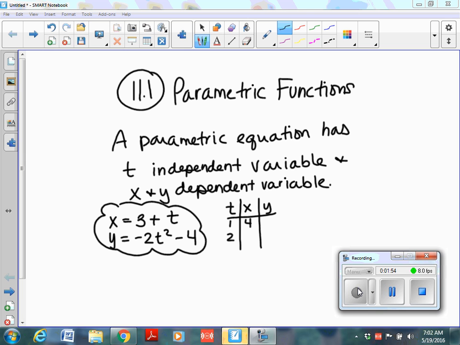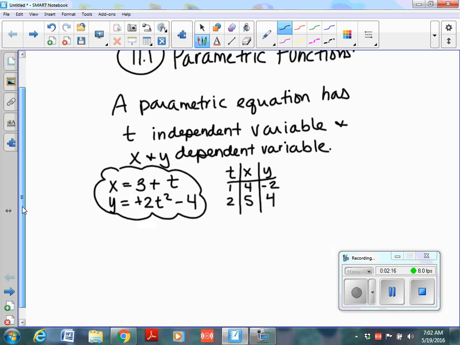When t is 1, you get a negative 2, and so on. When t is 2, you get 5 for the x value and 4 for the y value. This is called a parametric equation.